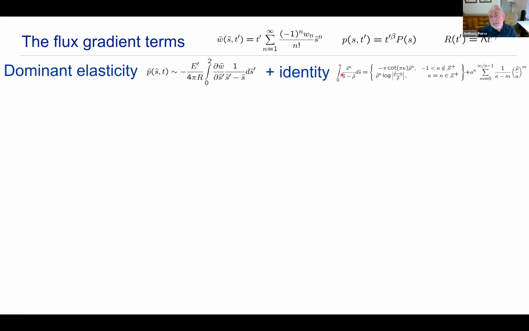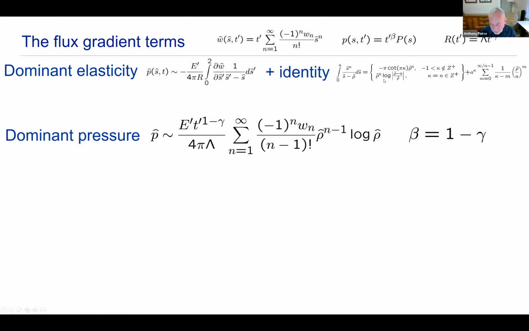And we use this identity. Now, if we look here, we're going to have to calculate integer powers of S hat. So this integral here, because we have derivatives of W, we're going to have to use the integral powers of S hat. And it boils down to giving you rho to that same integer power times log of rho.